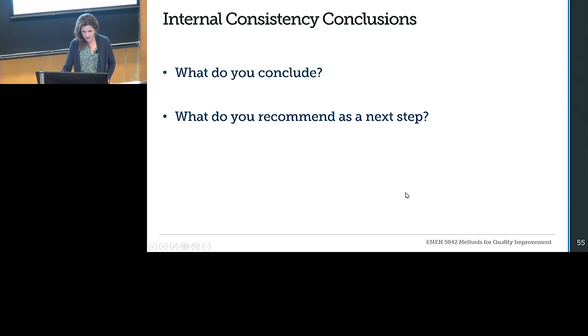All right, so we see there are some conclusions here associated with Harold and Eddie. Harold is consistent with himself, and Eddie not so much. So this is what we would do. First, compare internal consistency.